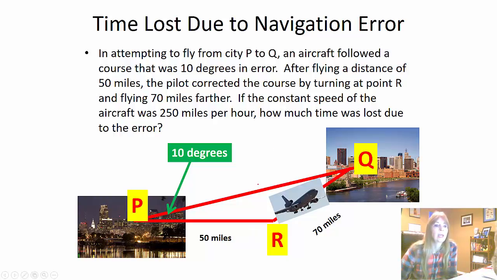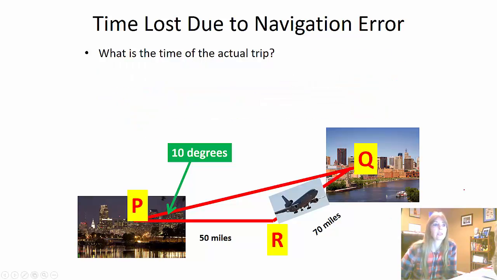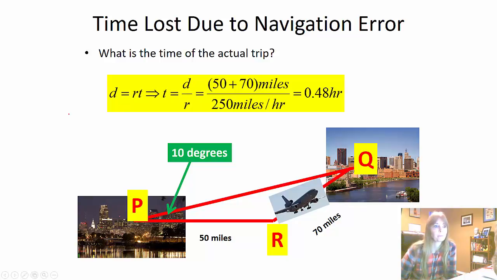So once again, I can see that it shows here that there was a 10 degree error. He should have gone straight along here, but he turned. He went 50 miles, then he turned and he went 70 miles. So let's see what is the actual time of the trip.